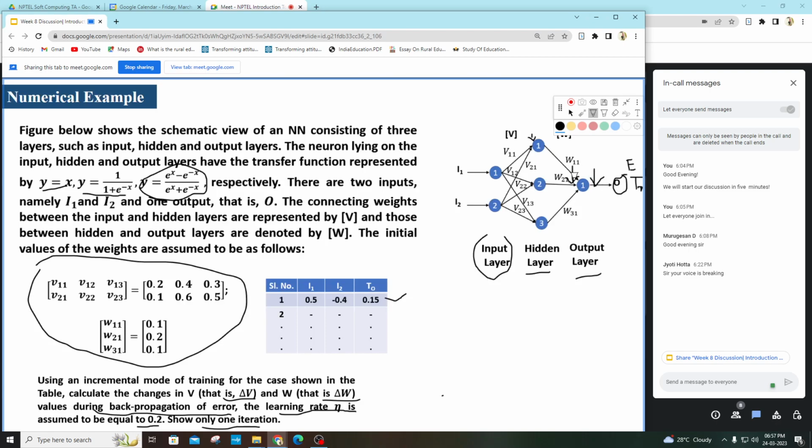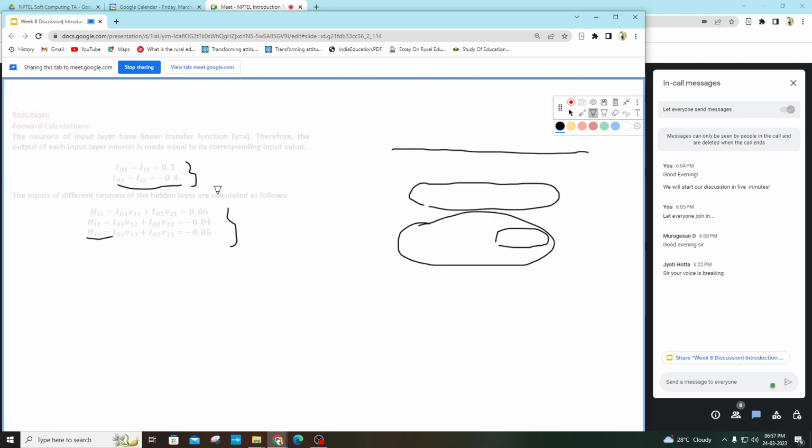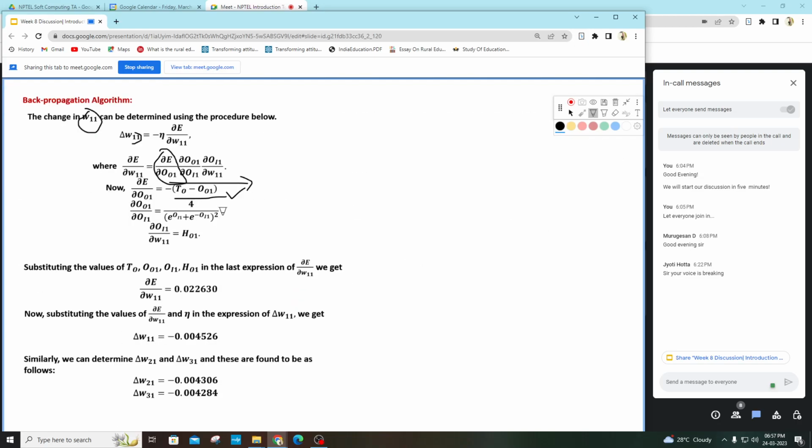OI1 is related to O1 by the tan sigmoid relation. When you differentiate this, you get 4 divided by (e to the power OI1 plus e to the power minus OI1) squared. Okay, so the second thing is also clear.